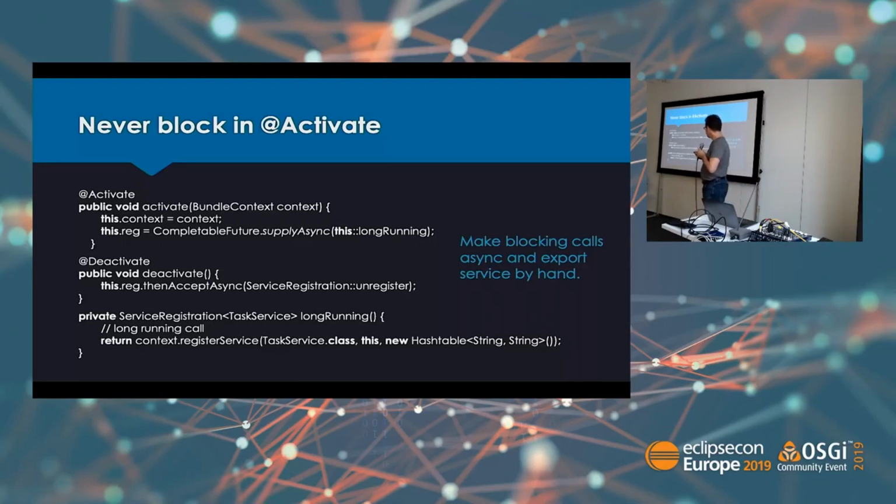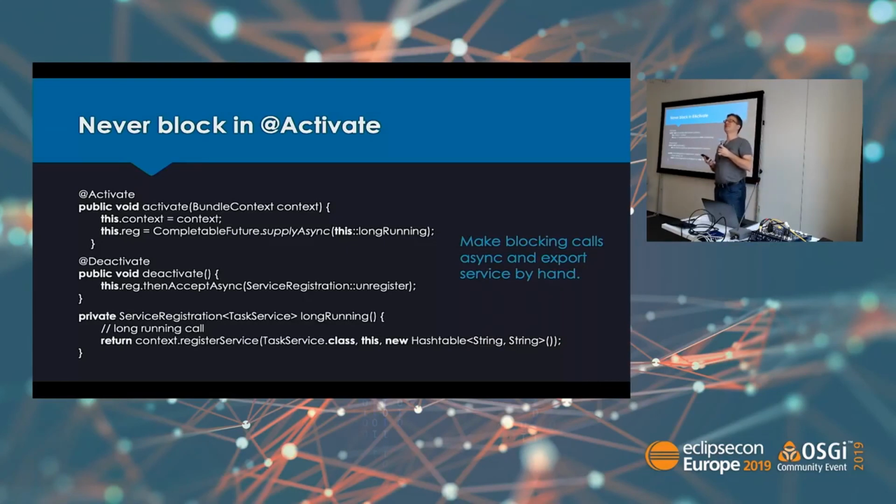And then at deactivate, of course, I need to cleanly unregister the service, but only if it's registered. This can also be nicely done with this future. This returns a future, and then on the future you can say thenAcceptAsync. So as soon as it was registered, it will be unregistered. And so this solves a pretty difficult timing problem.